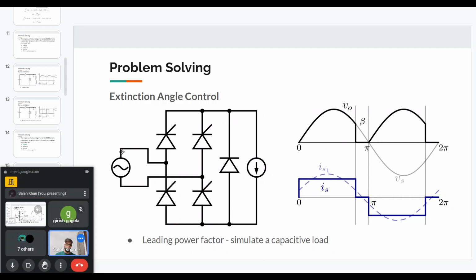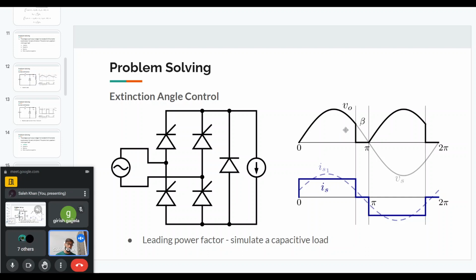So you can just assume that this source has multiple loads, one of the loads is this converter, and another load is some other lagging load, and this converter is drawing a leading current, that other load will be drawing a lagging current, and the sum of those two will be basically an improved power factor compared to the original case. So this is for extinction angle control.